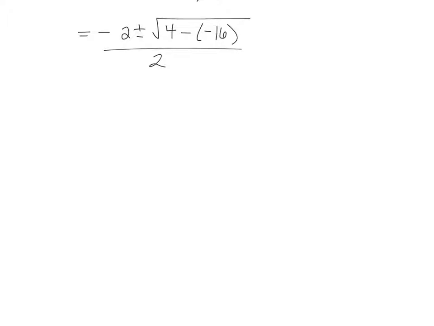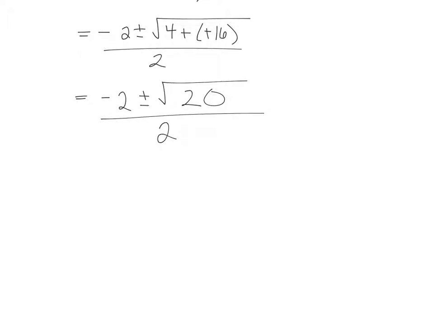Now we'll still work on simplifying the expression underneath the square root. So I have -2 plus or minus the square root of 4 minus -16. So minus a negative makes it an addition problem. So those negative signs change to plus signs. So we have 4 plus 16, which is 20. And that's all over 2.